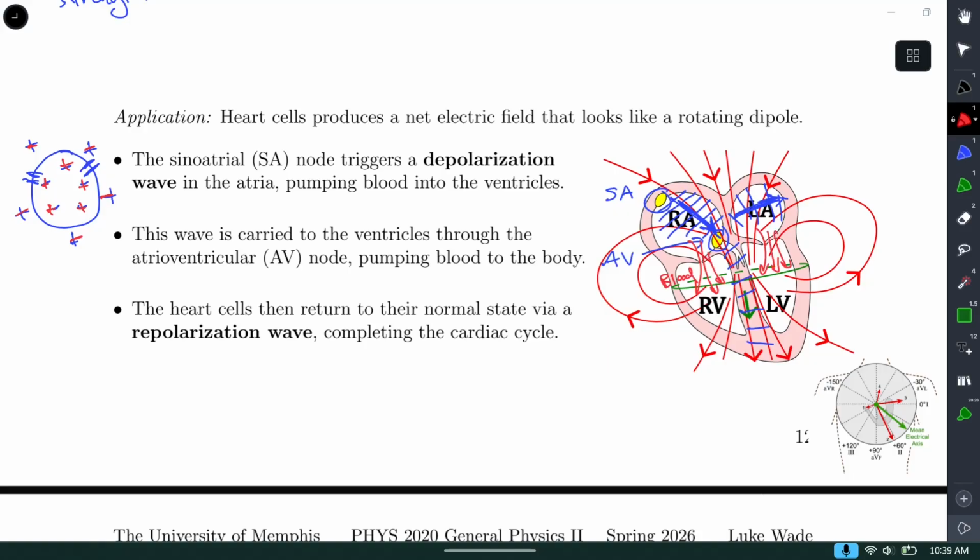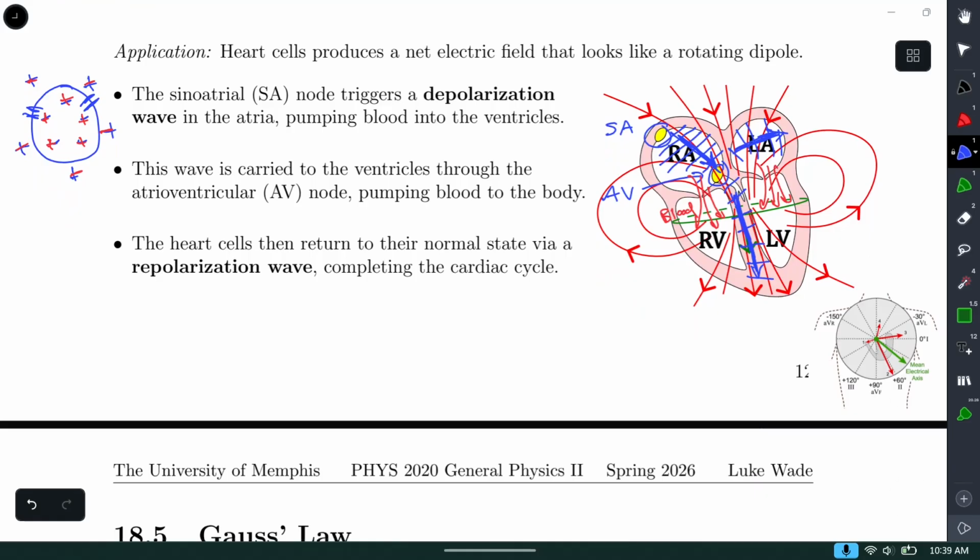The reason you need the delay in the depolarization wave as it heads down towards the bottom of the heart is so that the blood can fill up the ventricles before they get squeezed. But once the blood is down here and this delay has happened in the depolarization wave, it does start to spread to both sides of the bottom of the ventricles.